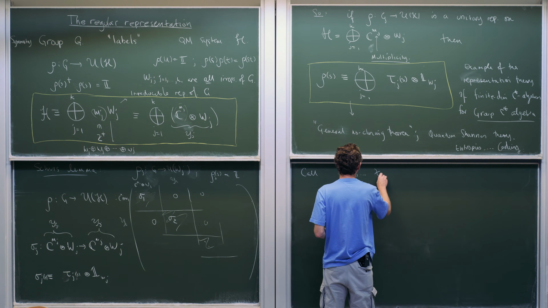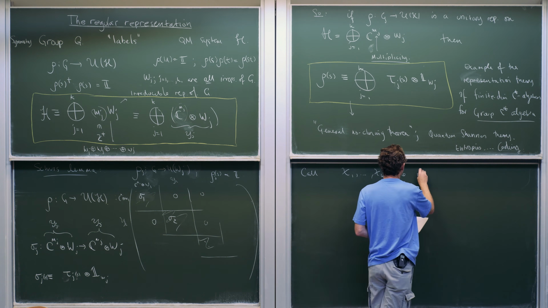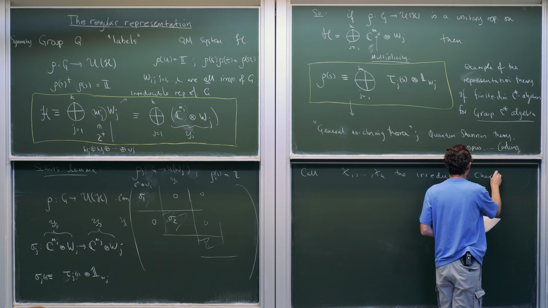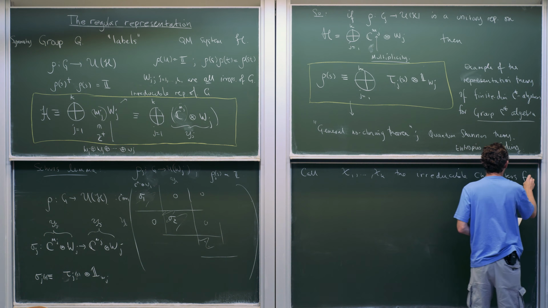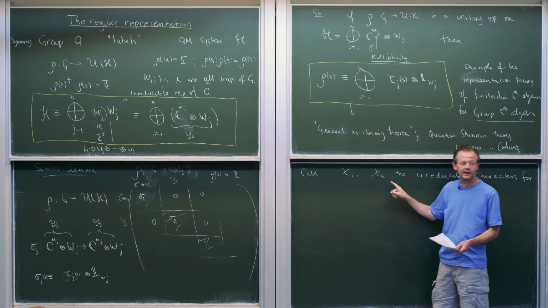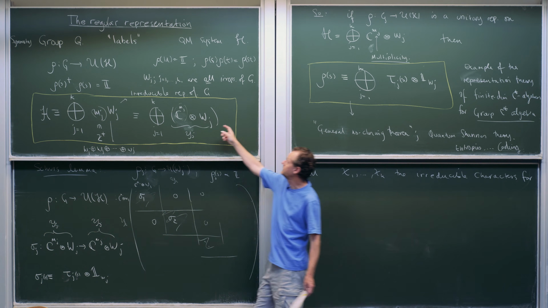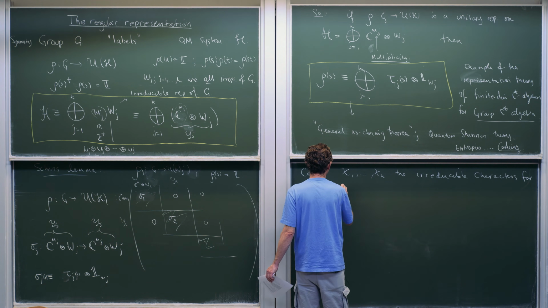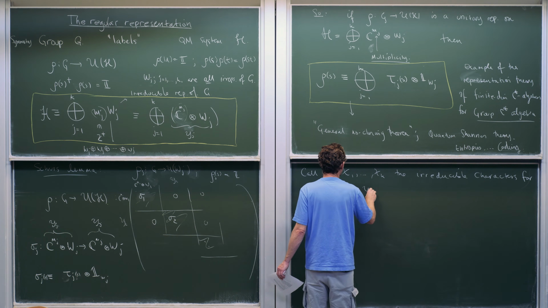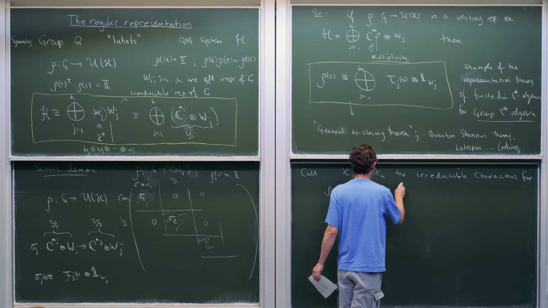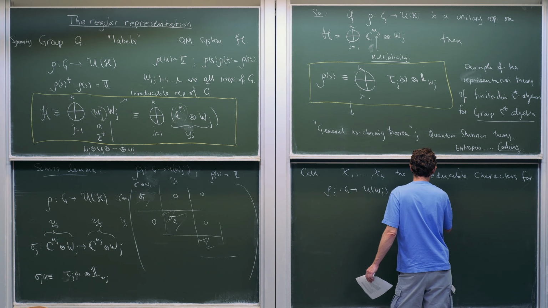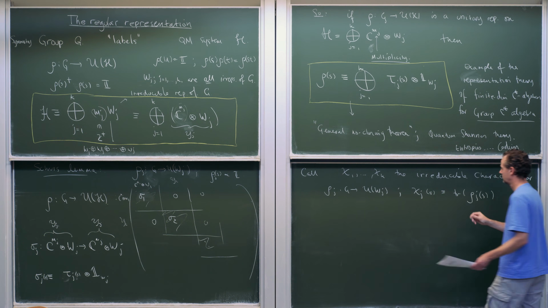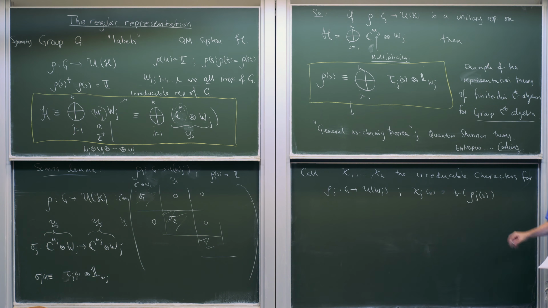We're going to call by chi 1 through to k the corresponding characters of these irreducible representations. Character is just the trace of the representation.